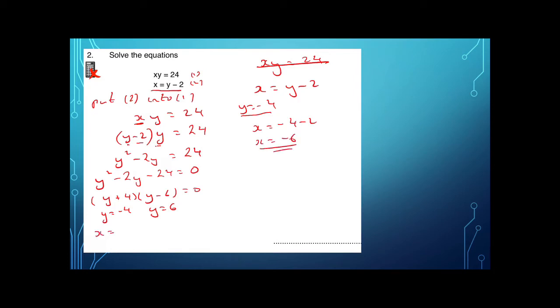And when y is equal to 6, x is equal to 4. So again, we have a pair of coordinates where this straight line, and in this case it was the reciprocal function, are simultaneous, where they intersect.